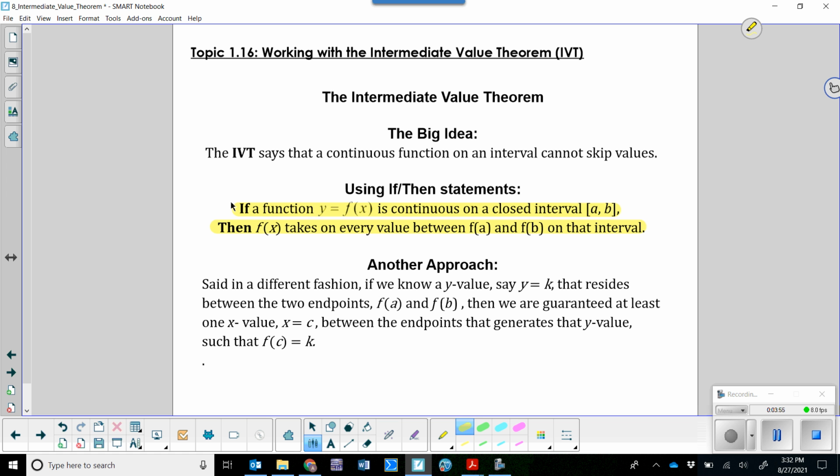Remember, a and b were my endpoints of my interval, so f of a and f of b are the two y values that go with those endpoints. So we know that at least once we're going to have all of those things in between.